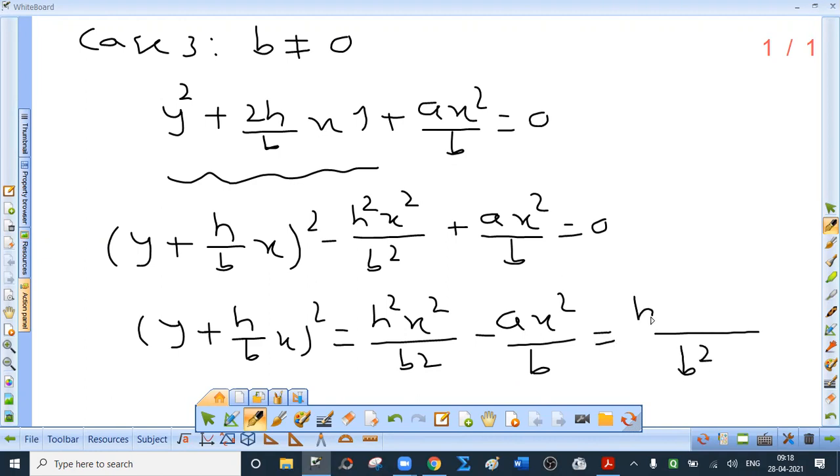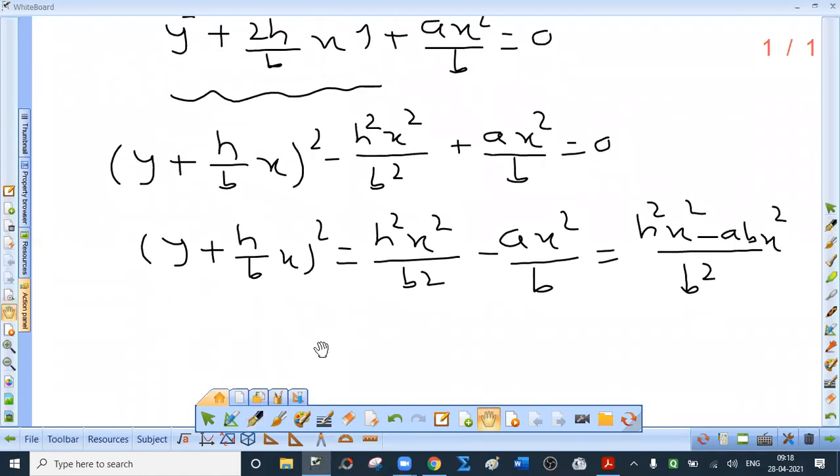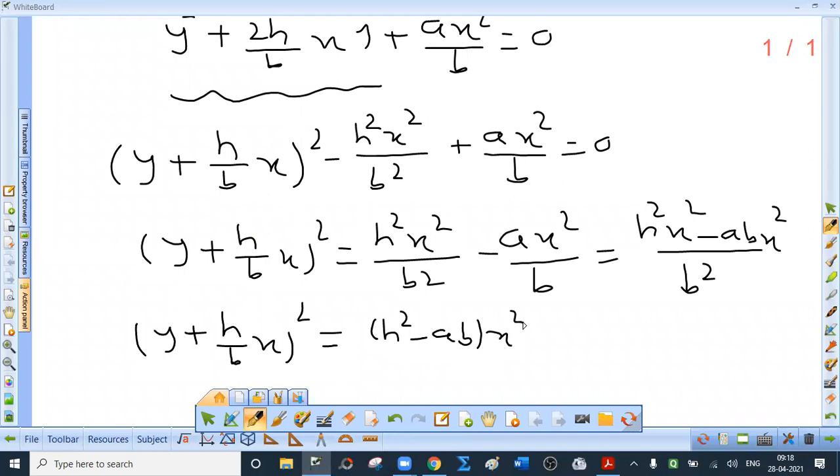So the numerator is h square x square minus ab x square. I'm explaining all the steps. Now from the numerator I can take x square common. So h square minus ab into x square upon b square.